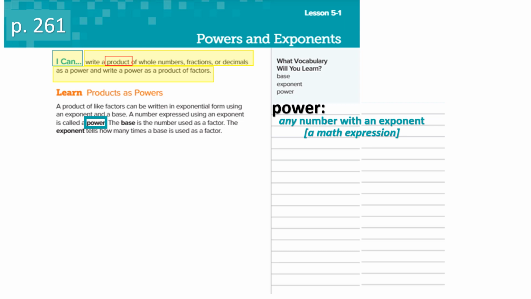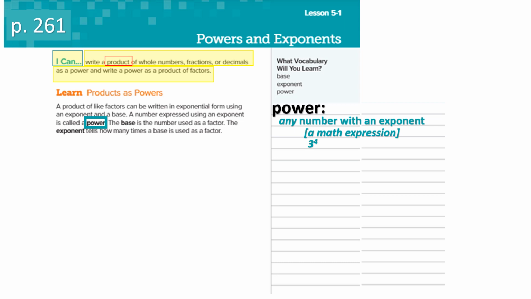So just a quick review, if you don't remember the difference between expressions and equations, the word equation starts with the root word equa, which is the same as our word equal. So I know when I have an equation, I'm going to have an equal sign and an answer. Expressions are math problems without an answer. So it's a math problem that I need to solve, such as this, 3 with an exponent of 4.